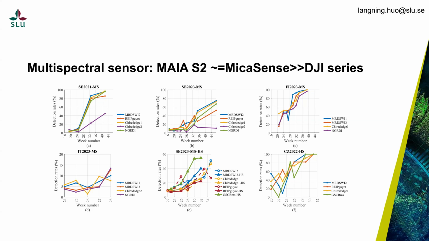So we recommend we use Mica S2 or the MicroSense because they have this sensitive red edge, and red edge 1 is the most sensitive one. And if we compare the Mica S2 and MicroSense, they are actually very similar. So having 3 red edge bands is slightly better than only having 1 sensitive band in the red edge.